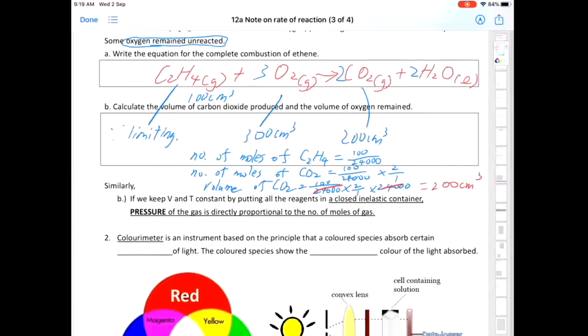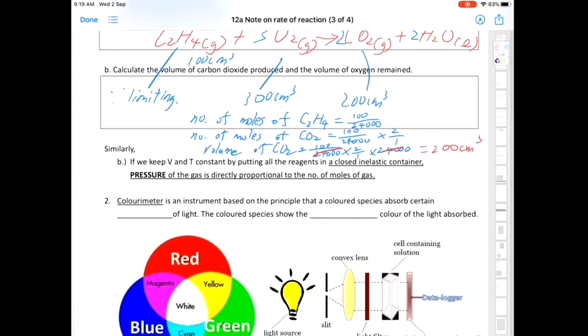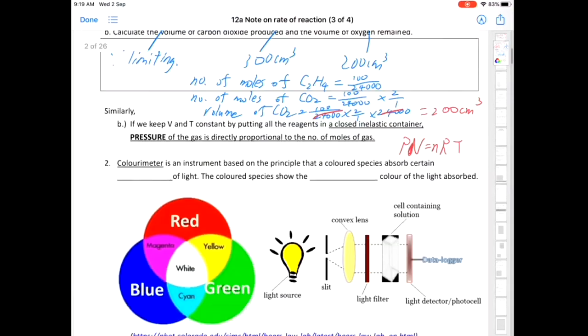What is rate? It means I want to know how the amount of something changes over time. Volume is one of the ways to reflect the amount, so that is the first concept. And then similarly, if you apply the same equation, PV equals nRT, it is secondly how we can monitor the amount of a substance.